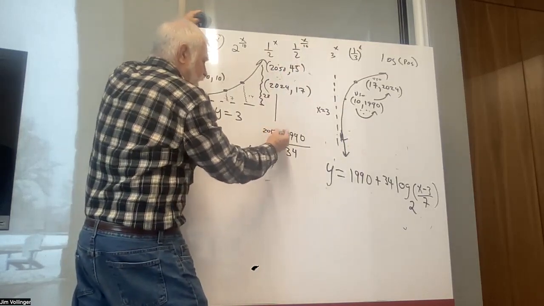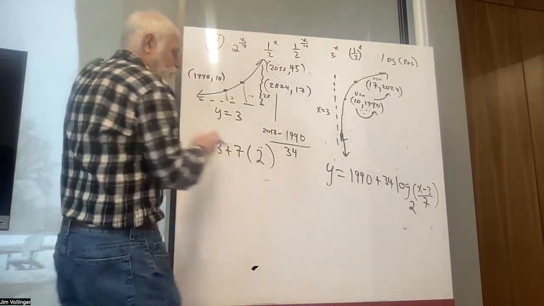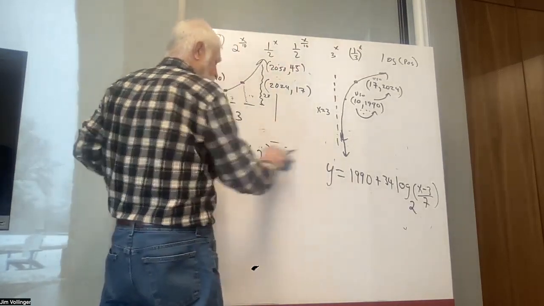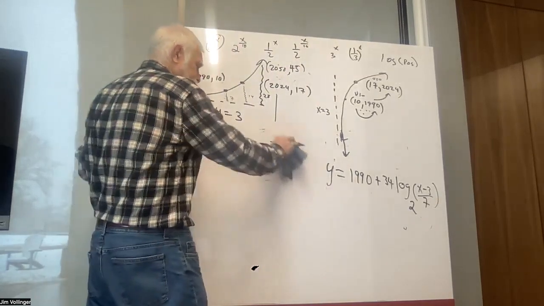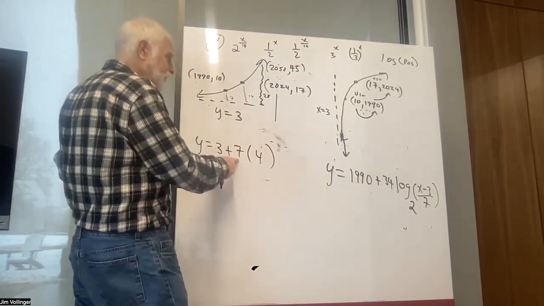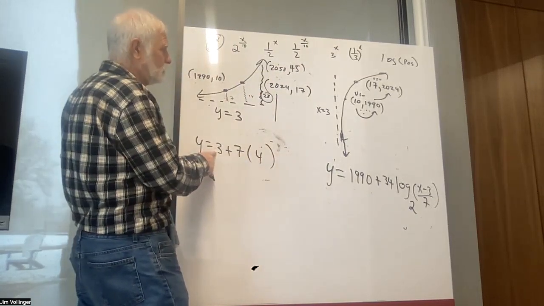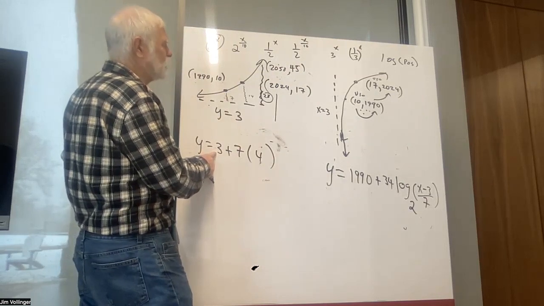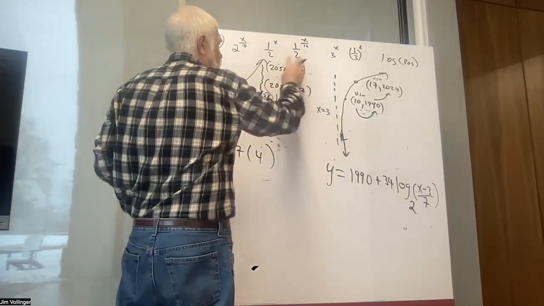2058 minus 1990. 68 divided by 34 is 2. Oh yes, we're squaring a 2, which is a 4. And 4 times 7 is, yes, that 28 units of change plus 3. 28 plus 3, what did I say, 45? That was wrong. 28 plus 3, I said something stupid before, 31.